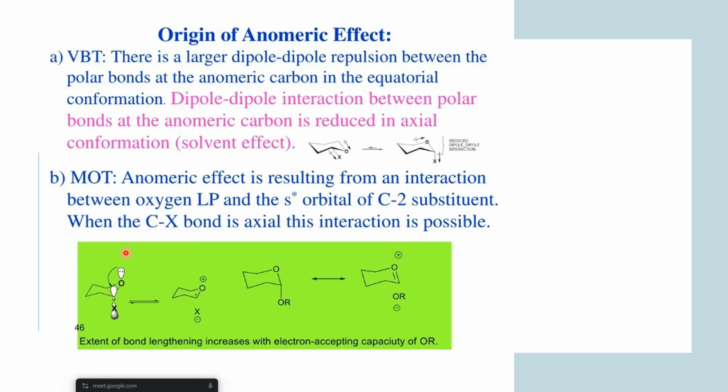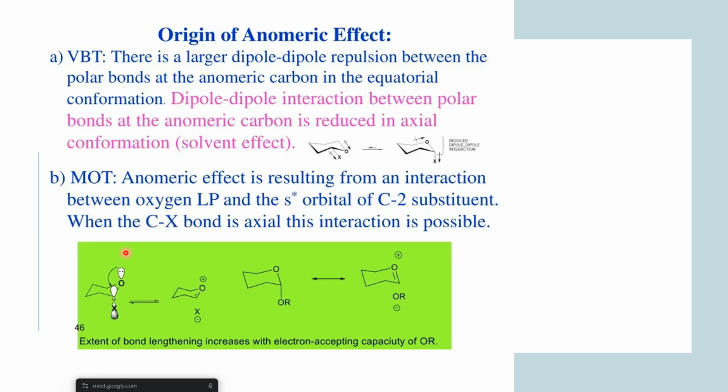Okay, so as you know, a carbon-heteroatom bond is a single sigma bond, so it will have two molecular orbitals. One will be sigma bonding and the other will be sigma star antibonding. So if the atomic arrangement in the conformation is achieved in such a way that we can donate electron pairs to the sigma star antibonding orbital of the carbon-heteroatom bond, that can lead to stabilization of the conformation.